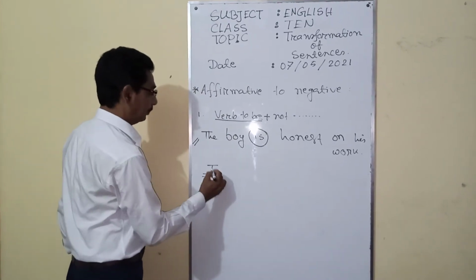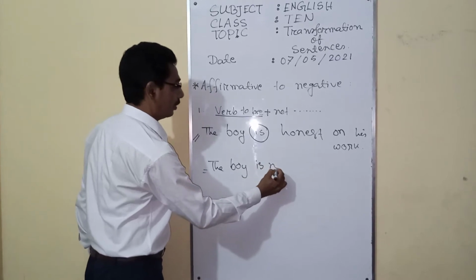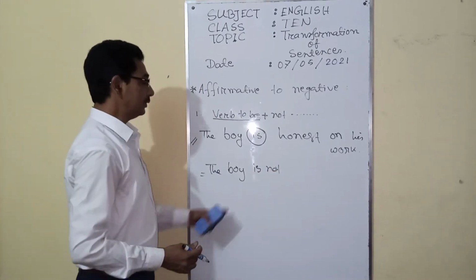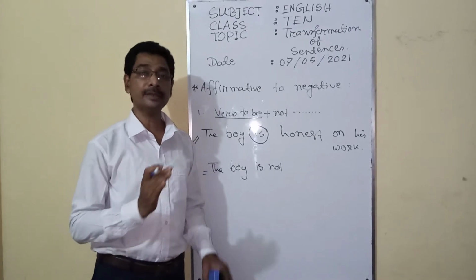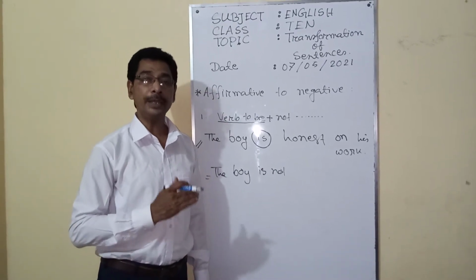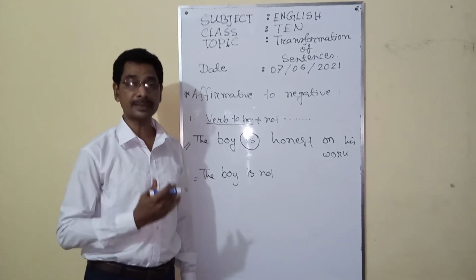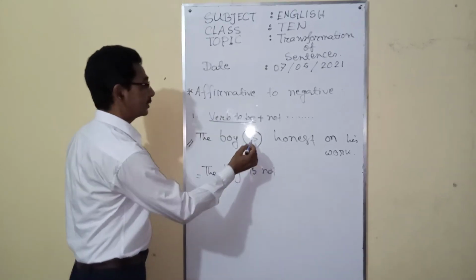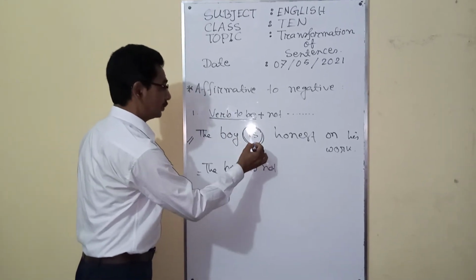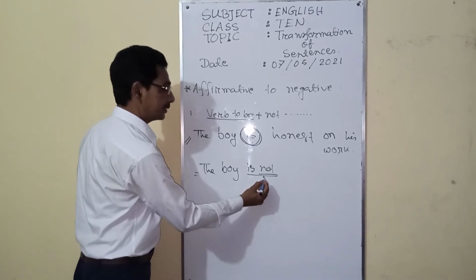Now you see, the boy is not. When you find an affirmative sentence with an auxiliary verb, you have to add a negative sign: not, do not, does not, did not, etc. Here the auxiliary verb is, so I have added not after this auxiliary verb.